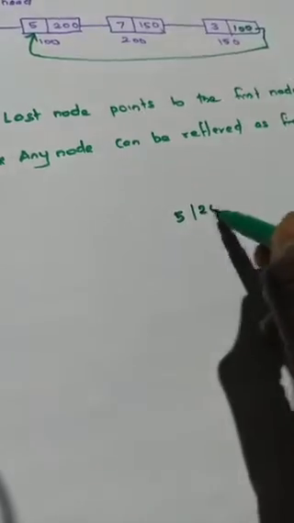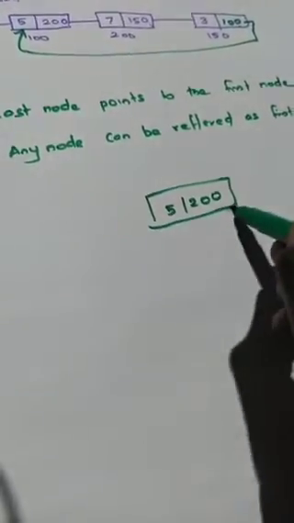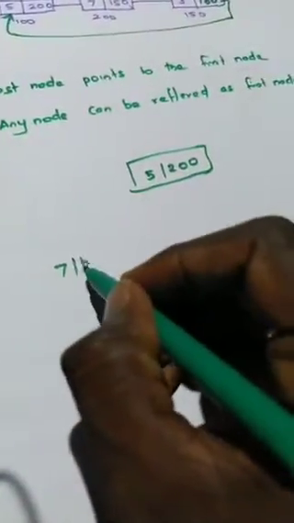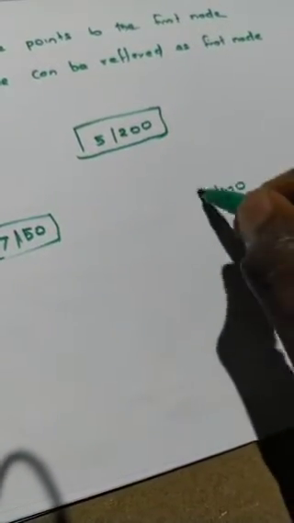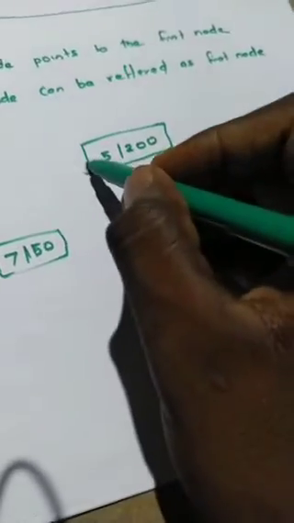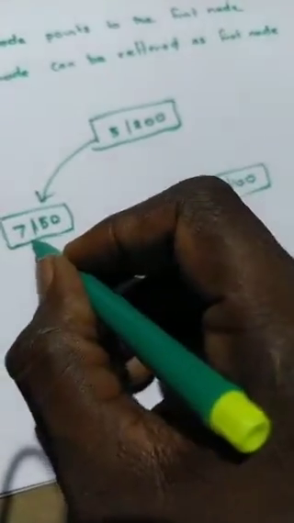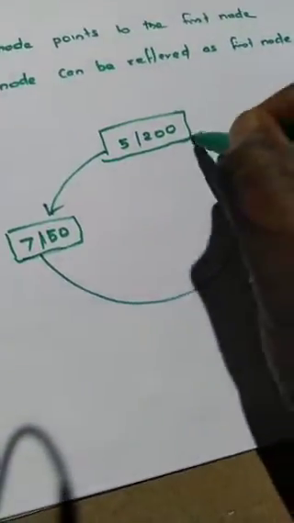Okay, so let me draw the same linked list diagram as a cycle. From the first node it will have the reference to the second node, and then it has the reference to the last node, and it has the reference to the first node.